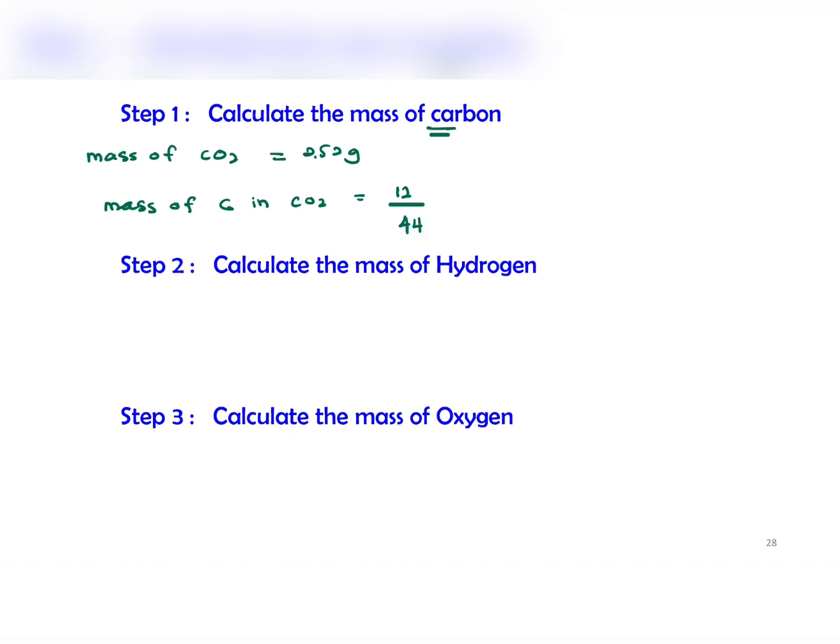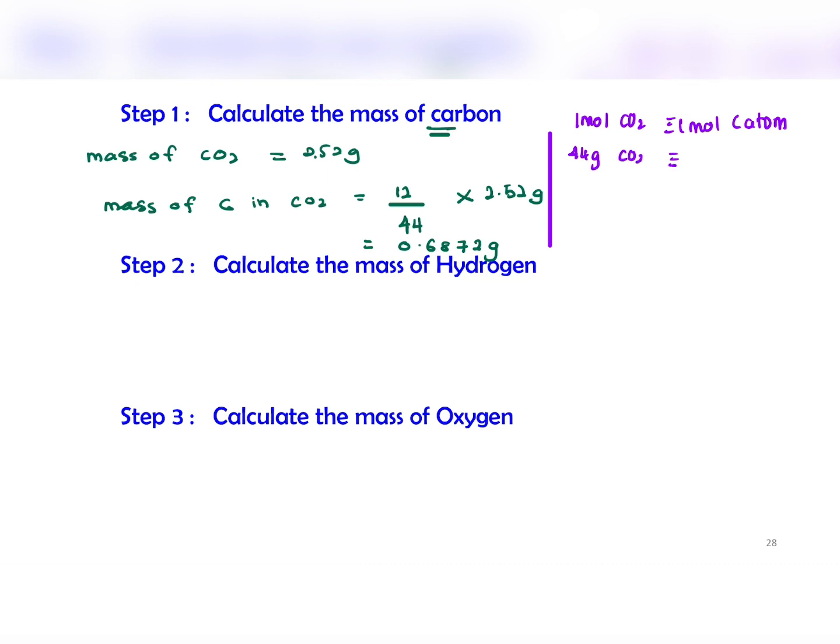Okay, so times the total mass here, 2.52 gram, and then 0.6872 gram. 1 mole of CO2 equivalent to 1 mole of carbon atom. So CO2 ada 44 gram of CO2.